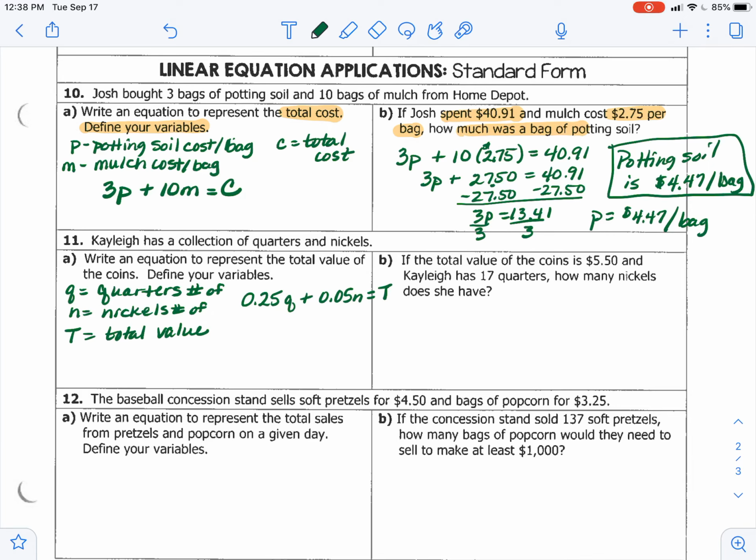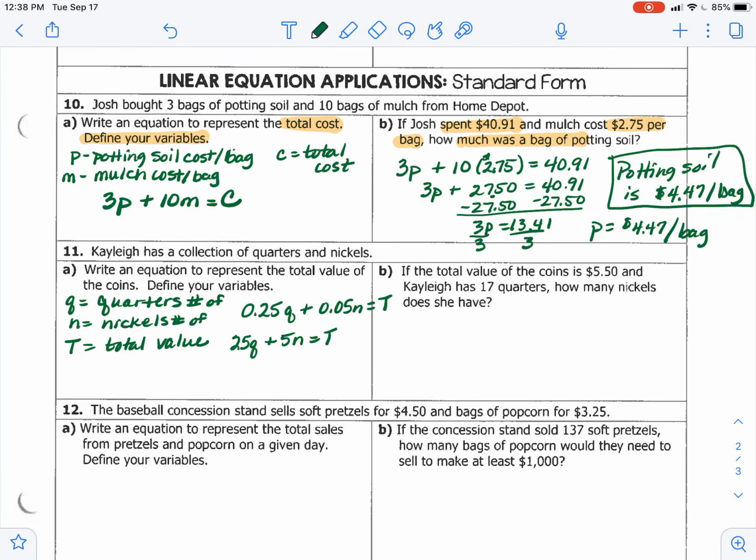That would be one way. Or you can put in just 25Q plus 5N equals the total. The key here is to remember when you go over to the total, you took the decimals out. So instead of 5.50, you want 550. So either way, it doesn't matter.